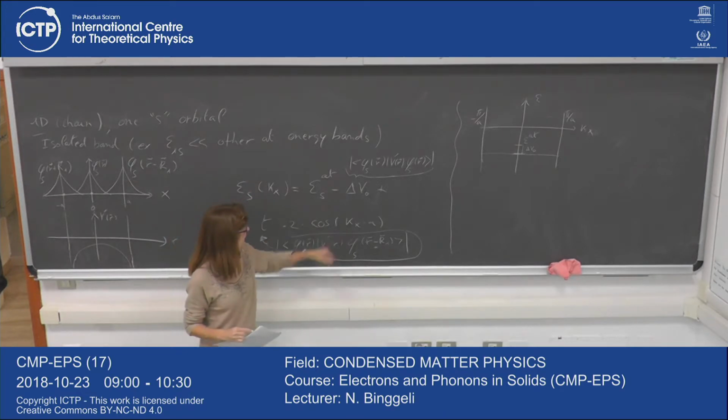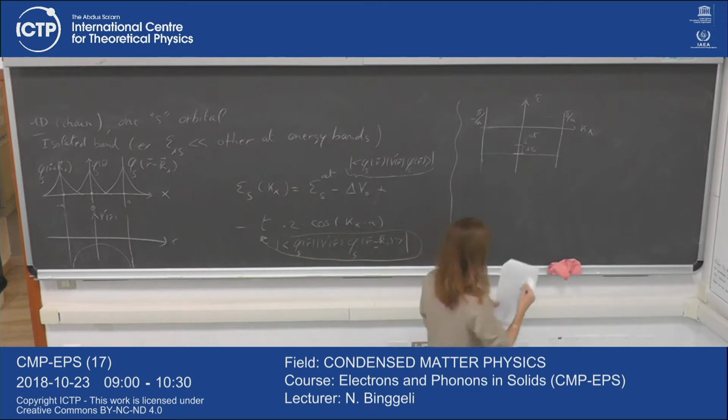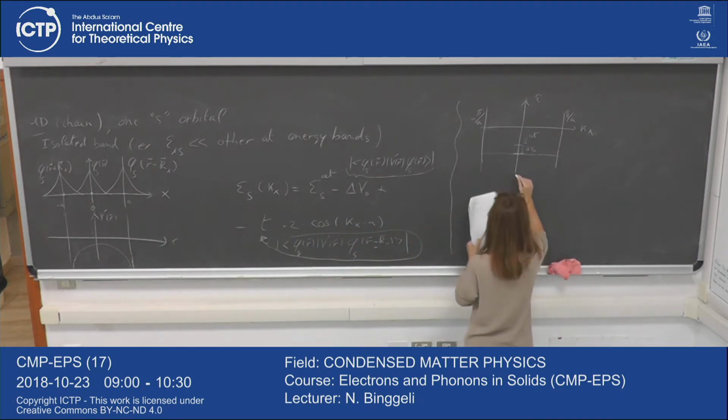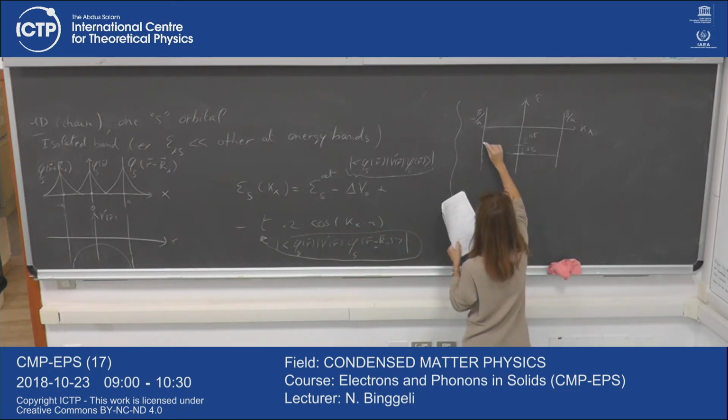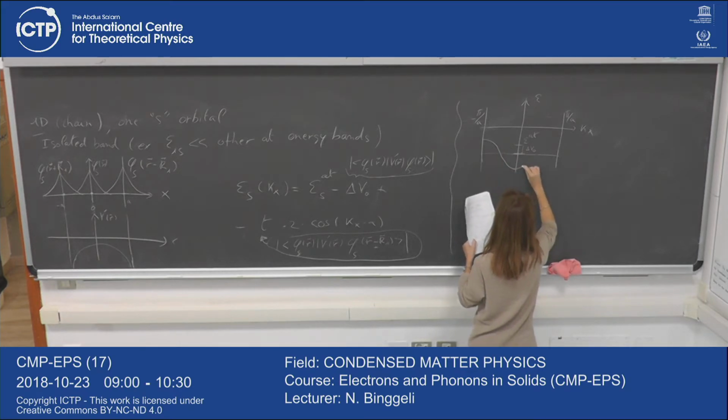So this will depend on kx, and it's a minus cosine. So I know it will have a form of the type, let's say, the interactions with the neighbors is large.